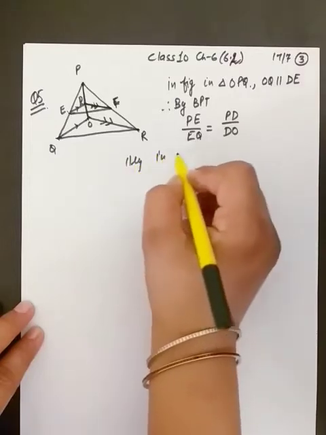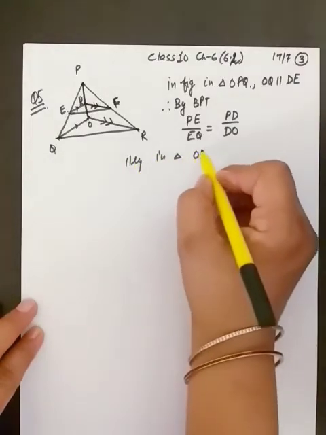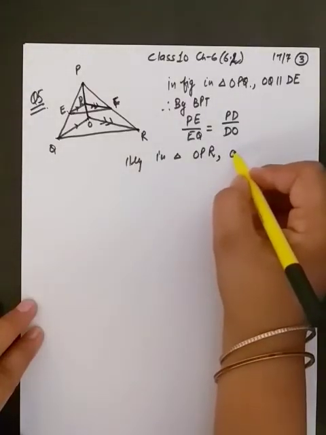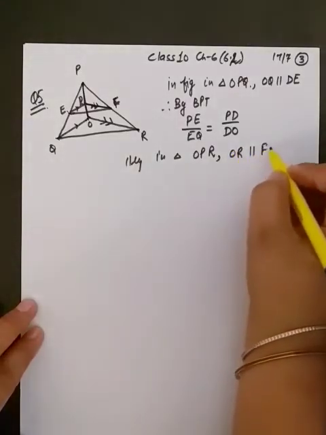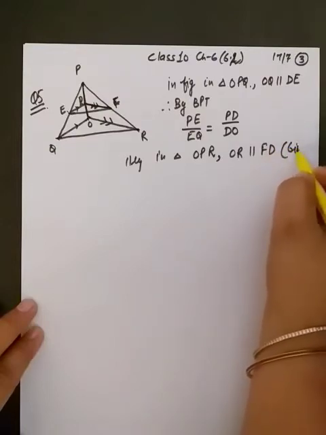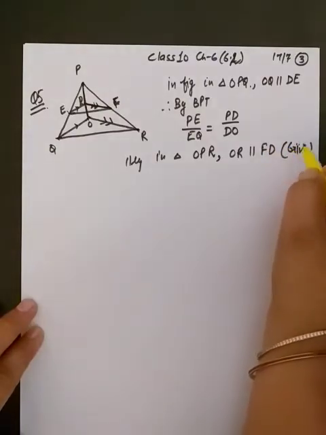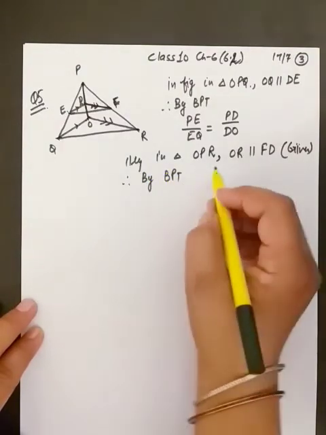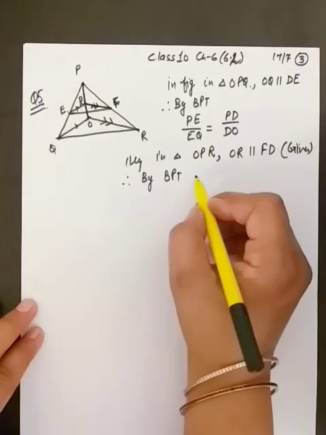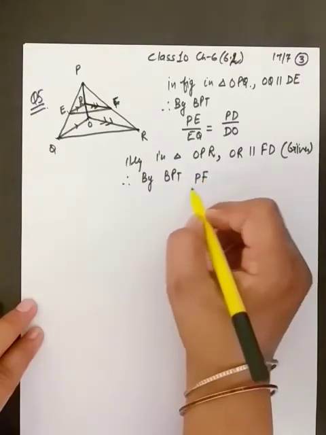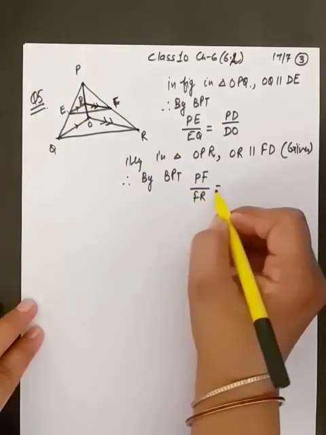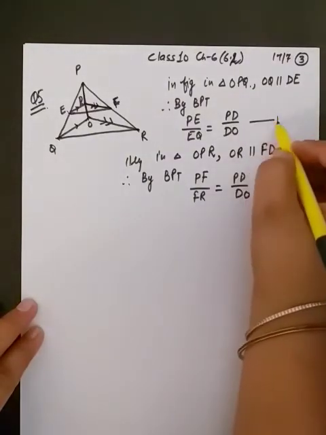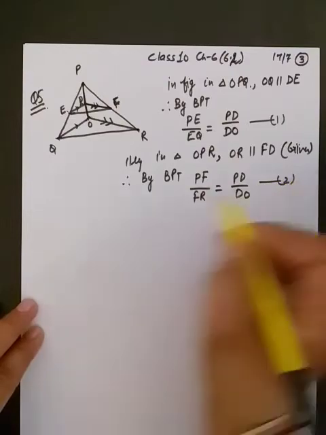Similarly, in triangle OPR, OR is parallel to FD. This is given. So therefore by BPT again we get PF by FR is equal to PD by DO. This is equation 1 and this is equation 2.